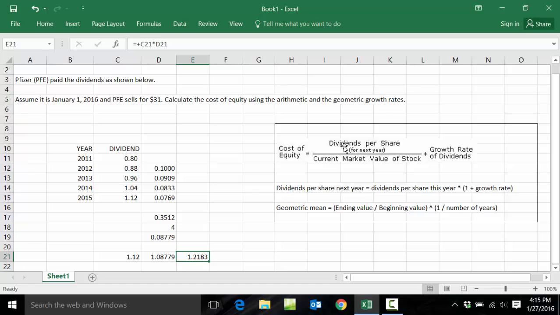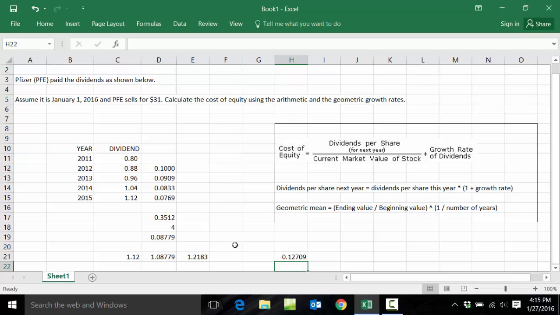Okay, so now we have the dividend for next year. We have the current market value of the stock, which we said was $31, and we have the growth rate of 0.08779. So let's plug all that in. You have 1.2183 as the dividend. The current market value of the stock is $31. And then the growth rate is 0.08779.